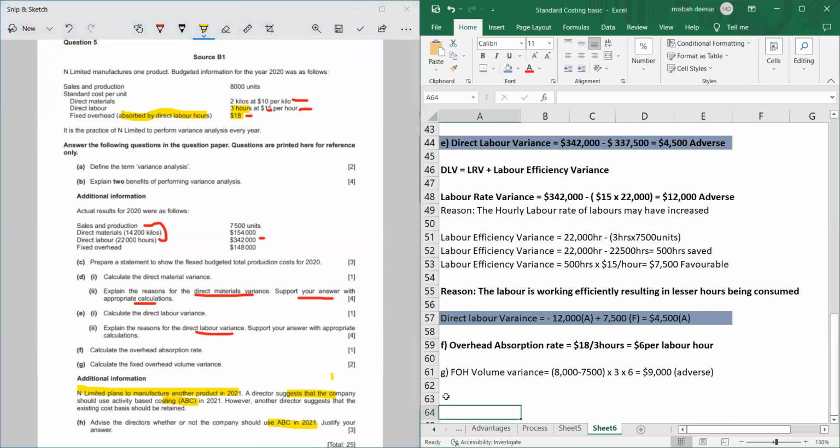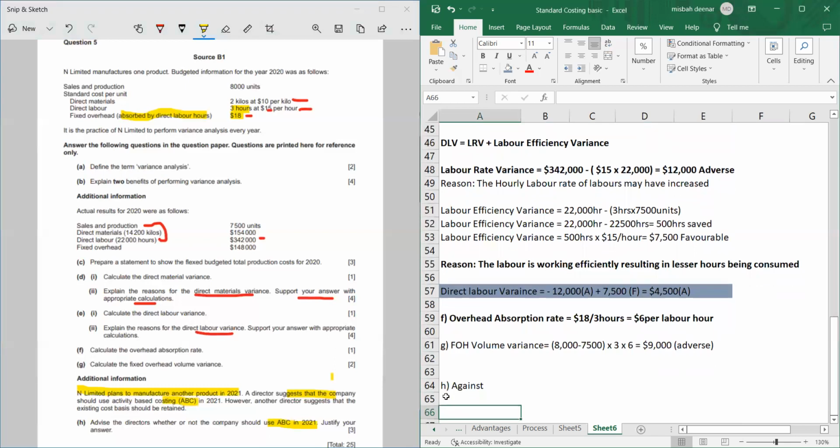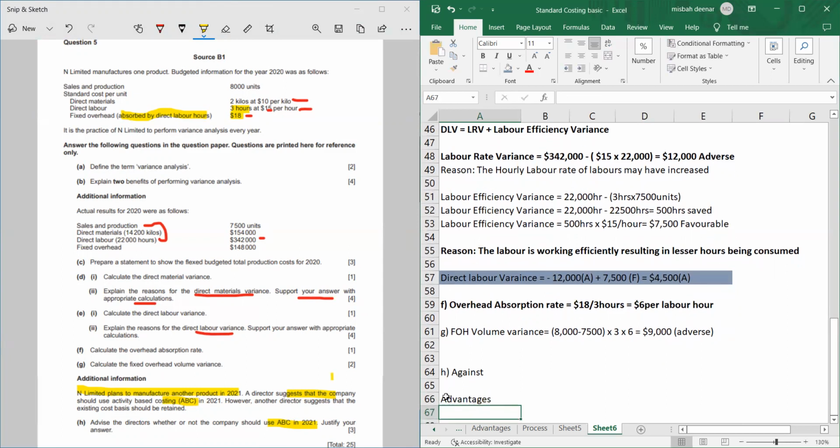So for answer number H, you can write arguments against and advantages. Against, you can write that it's very costly in analyzing information to prepare the cost basis.